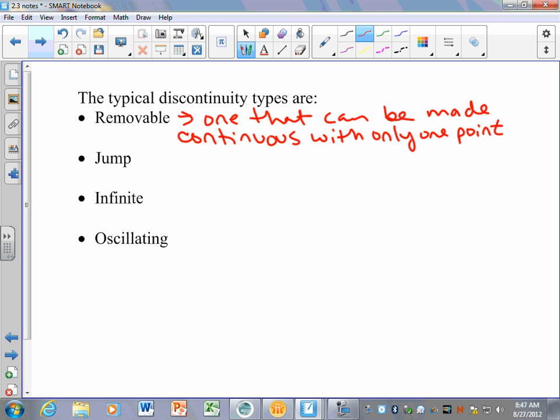If there's just a hole in the graph, one little bitty hole, and you put one point in that graph to fill that hole in, it would now be a continuous function. That's the idea of a removable discontinuity. It can be filled in with one point. So a good example of that is a hole in the graph.